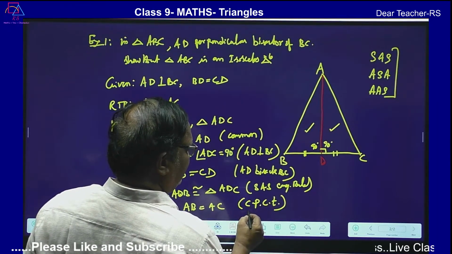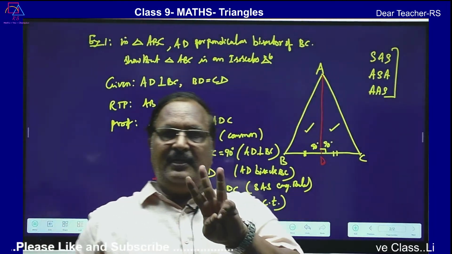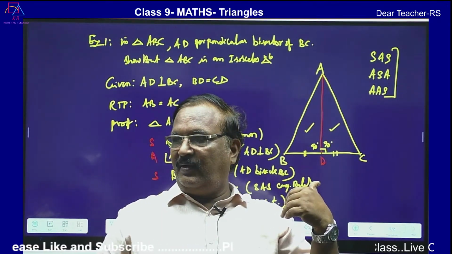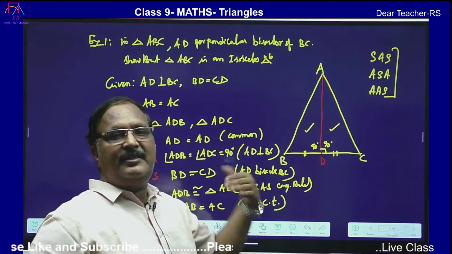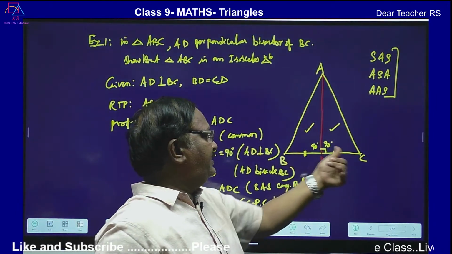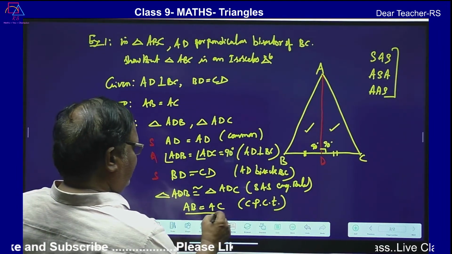CPCT means corresponding parts of congruent triangles are always equal. We proved congruence using three parts, so after they are congruent, the remaining three parts are equal. The remaining parts AB, AC, BC are all equal. So AB is equal to AC.